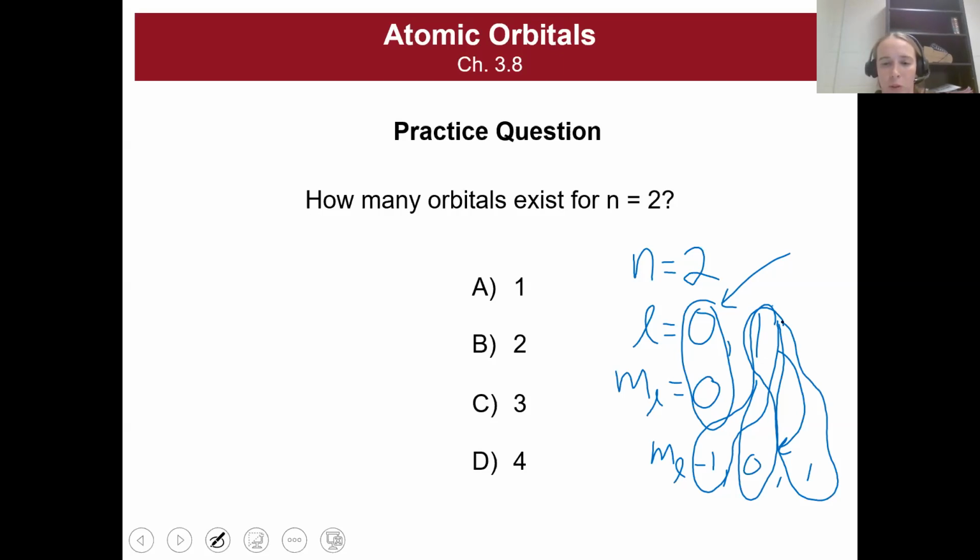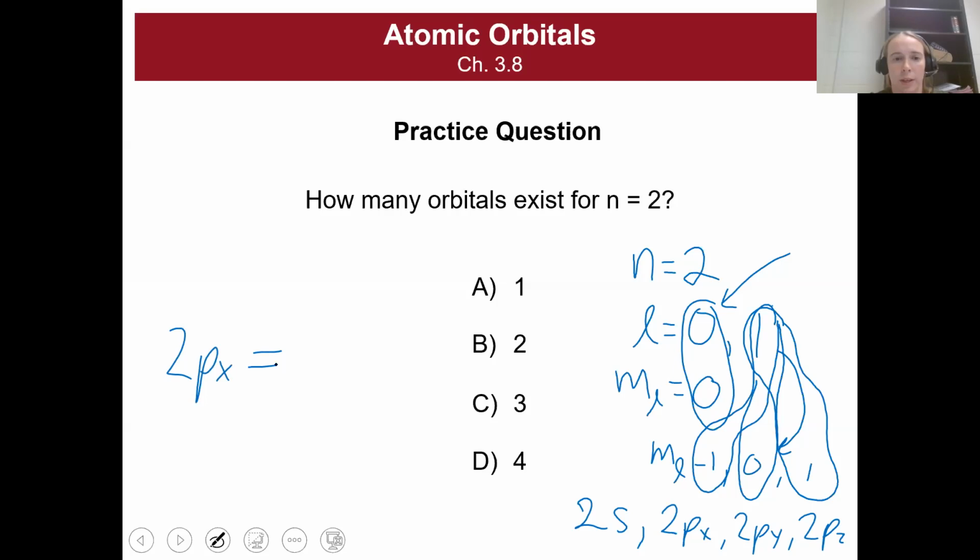When n equals 2, so our orbital is defined by n equals 2, and L equals 0, that's an s, so there's a 2s orbital. When L equals 1, we've got the p orbital, so 2p, and then we have 2px, 2py, 2pz. Now note that we don't know that 2px corresponds to m sub L equal to -1.